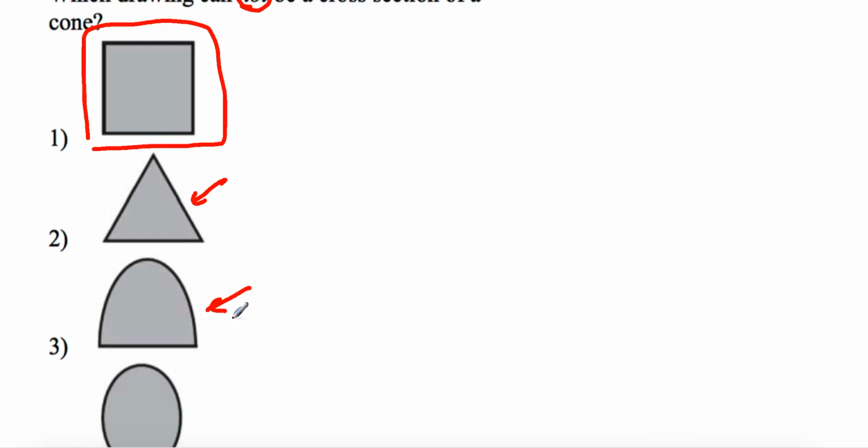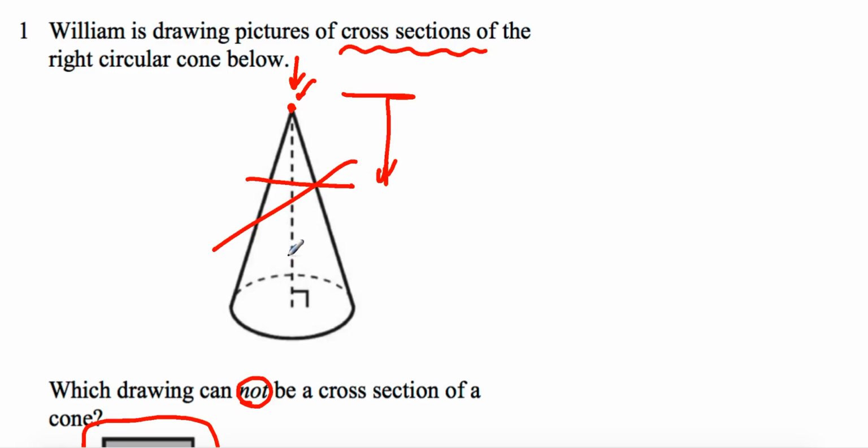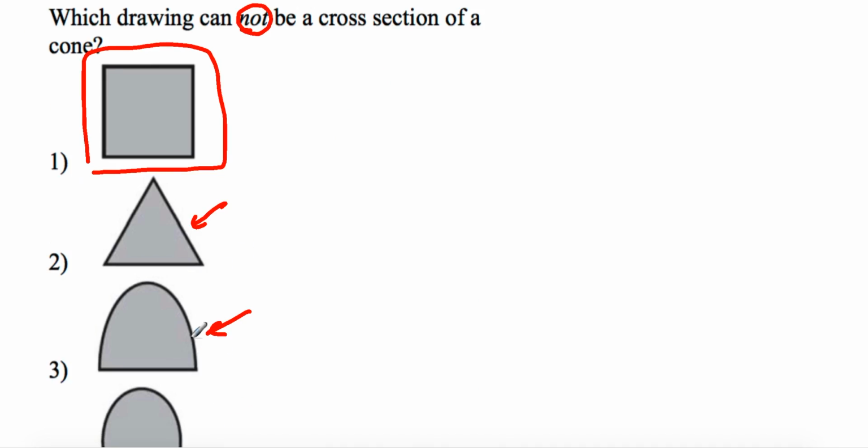How about this one? It looks like a parabola, right? If you cut the cone parallel to one of the slant heights, then the shape we would have gotten would look something like this, number 3.